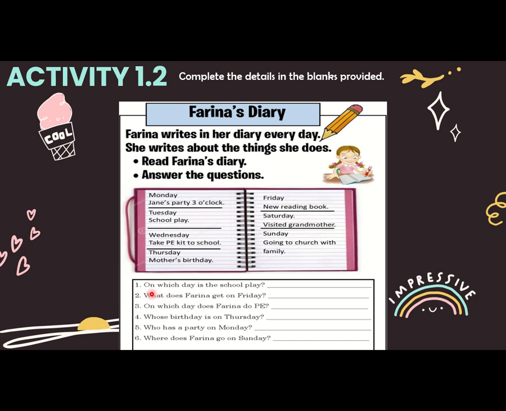Number 1 question. On which day is the school play? Okay, so you are going to refer to the diary of Farina in order to answer this question. School play is Tuesday. There you go. Tuesday, school play. Okay? Next one is, what does Farina get on Friday?